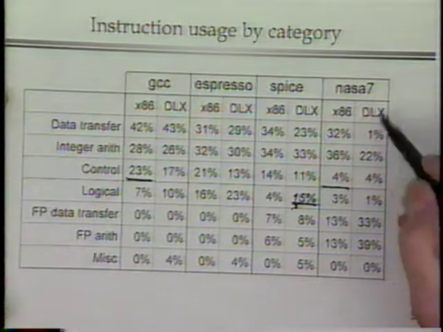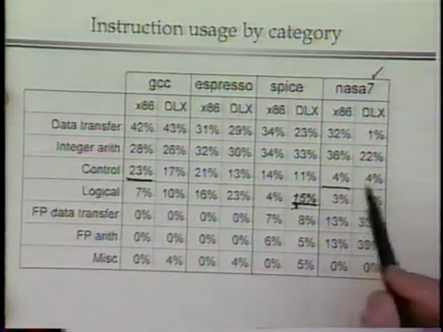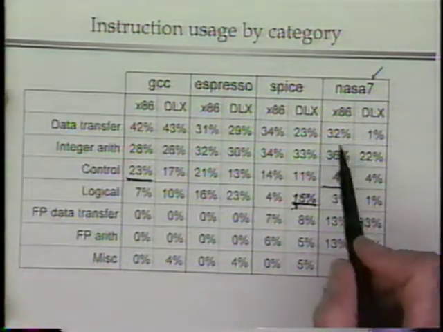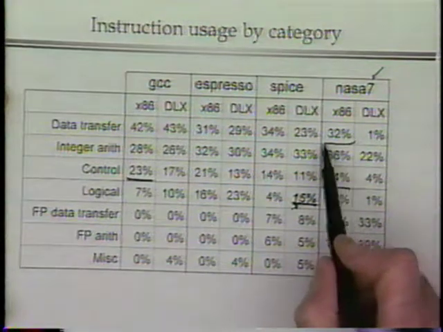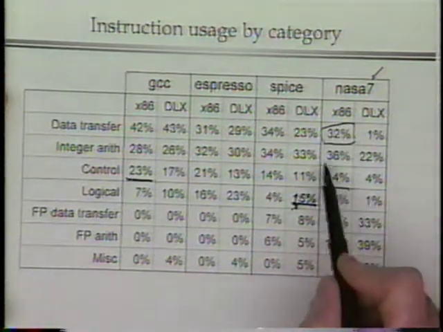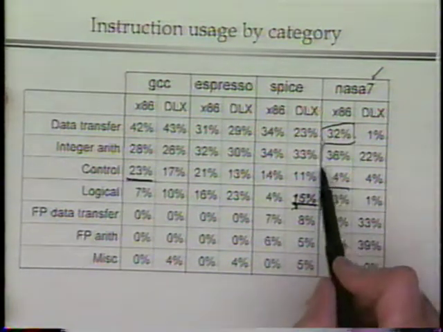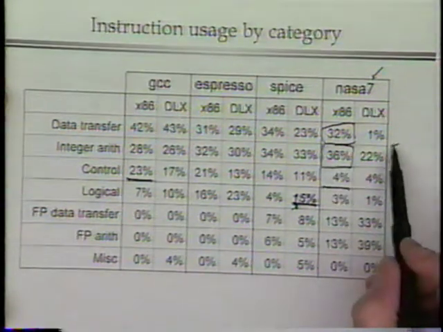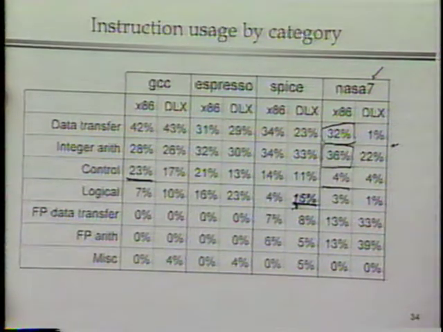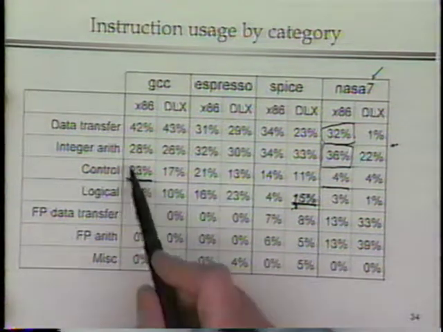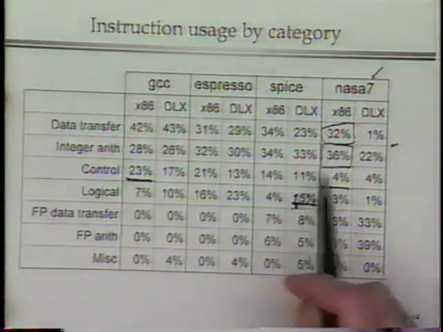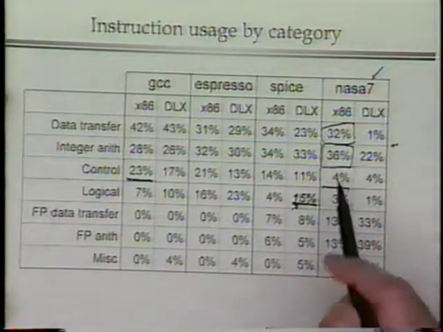The big surprise here, again, is on NASA 7, and the numbers which are amazing are the counts of instructions on the x86 for data transfer and integer arithmetic compared to, say, DLX. In most of the other benchmarks, the numbers are comparable, and in the NASA 7 benchmarks, the numbers are off the wall.